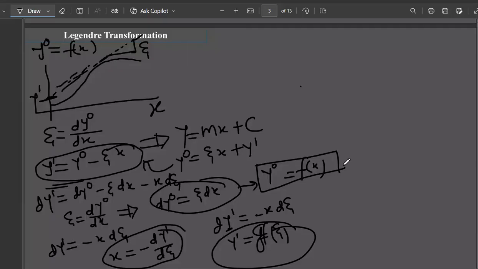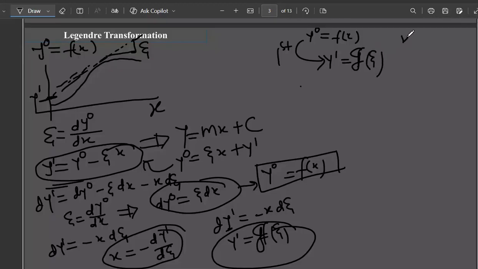Then I can summarize all these things like this: y naught is a function of x, and the first Legendre transformation is y1, a function of zeta.